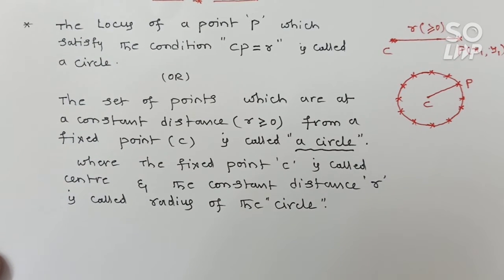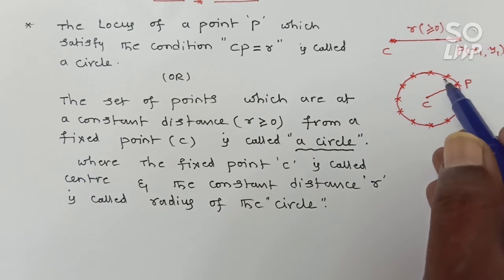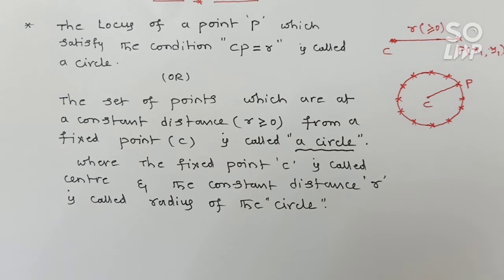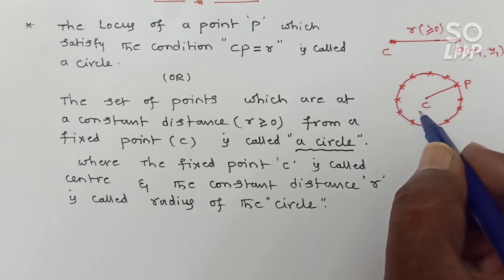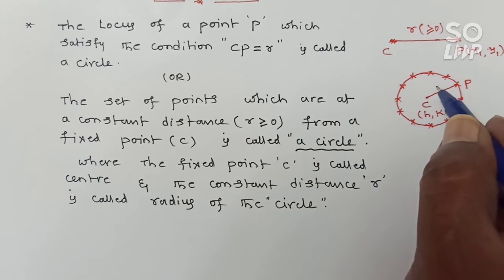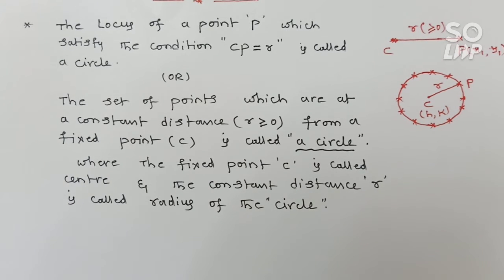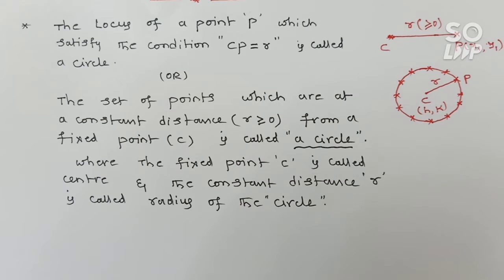Okay, so now how can we prove the equation of the circle when the center and radius are given? Here the center is h comma k, radius is r. Okay, so how can we find that? See, look at this one.